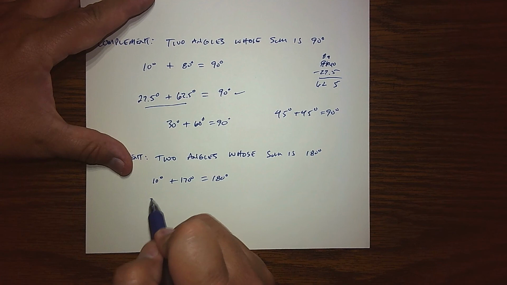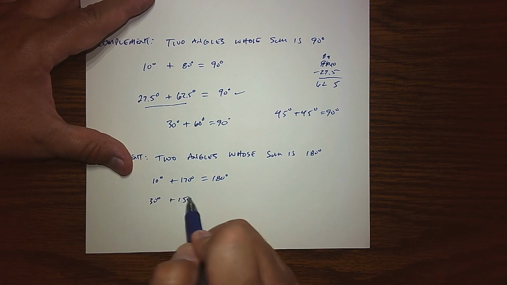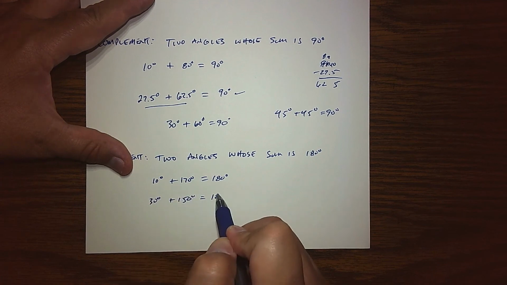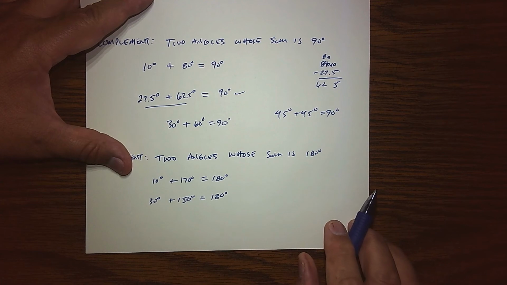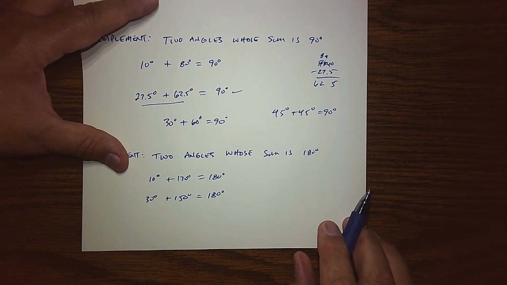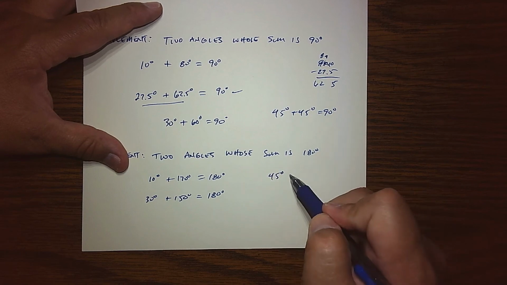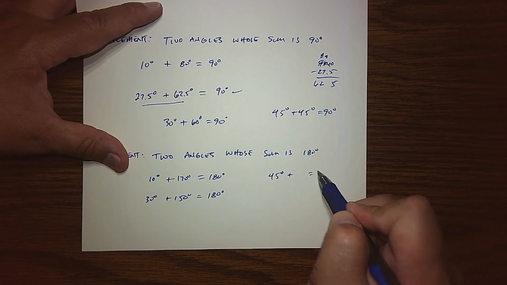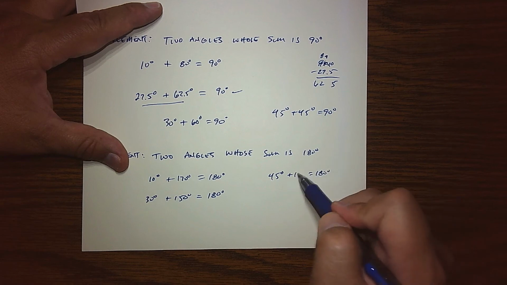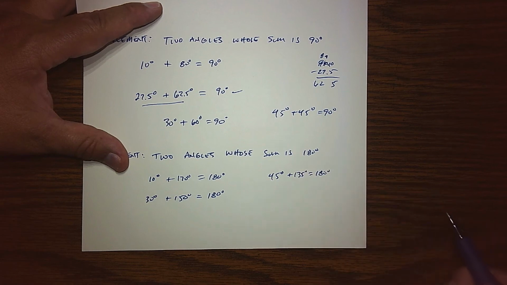What's the supplement to 30 degrees? Well, it would be 150 degrees. We kind of saw that a little bit in the last video when we were talking about rotating and obtuse angles. What's the supplement to 45? If you put your thinking cap on, hopefully you're thinking 135, because if I add them together, I get 180.